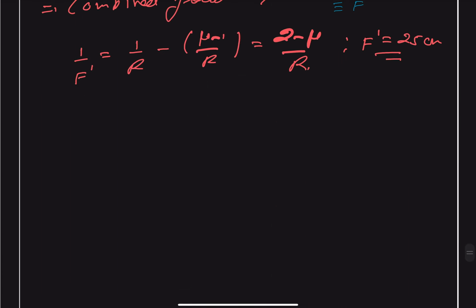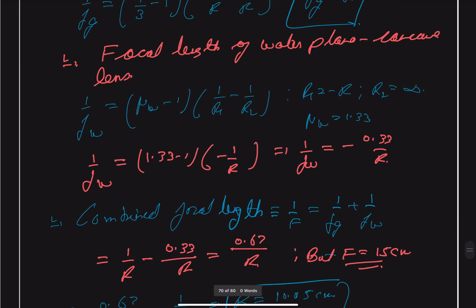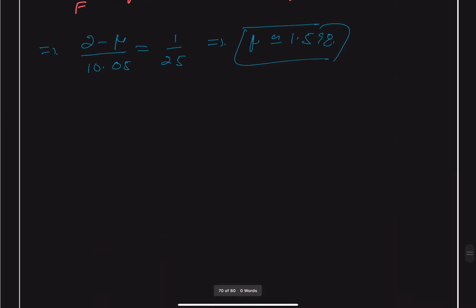So (2 minus mu) upon 10.05 is equal to 1 upon 25, and this gives us that mu will be approximately equal to 1.598. So this was the refractive index for the liquid for the second case.